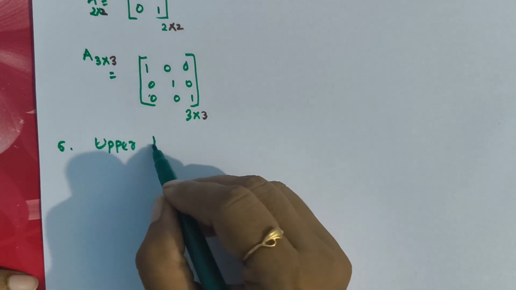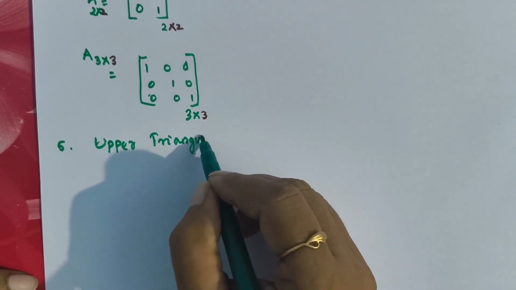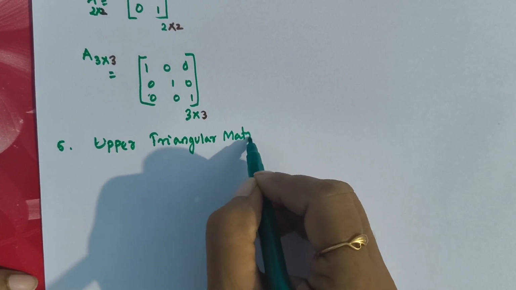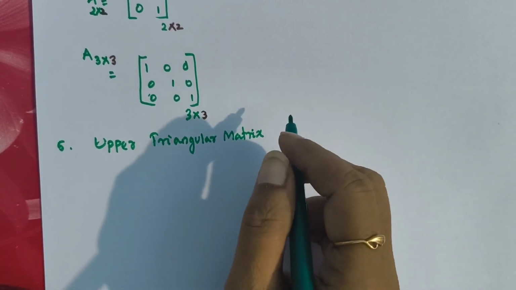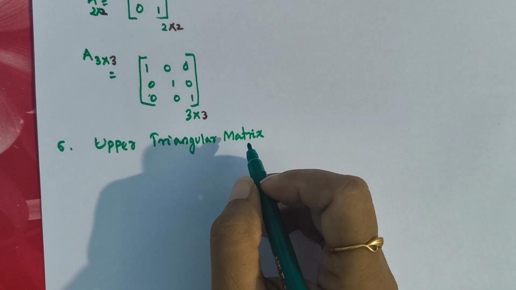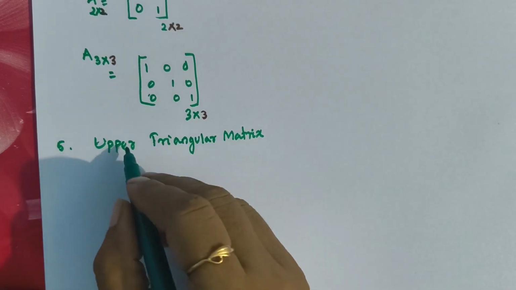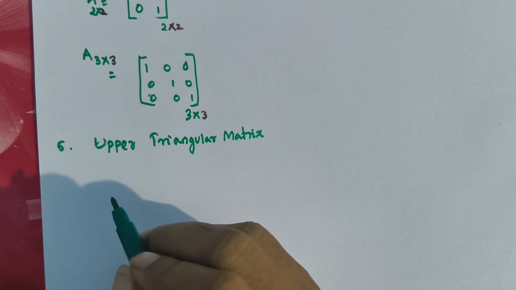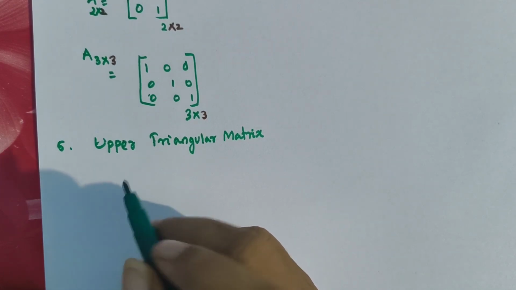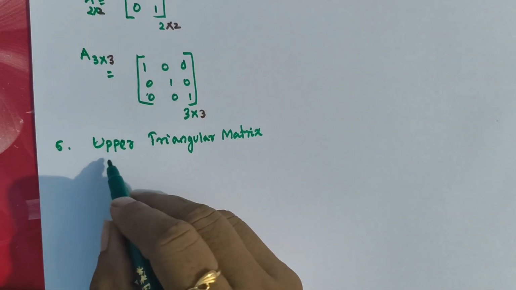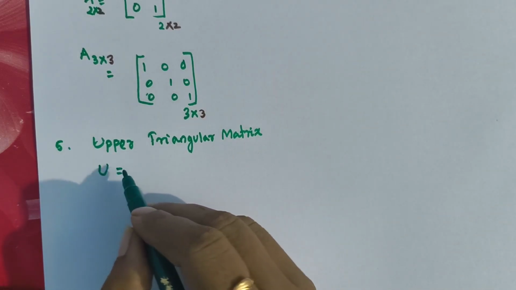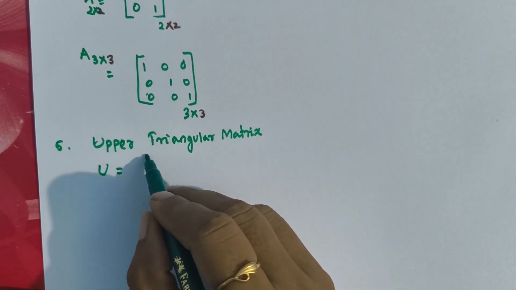The next one is our upper triangular matrix. In an upper triangular matrix, the elements above the main diagonal are non-zero. Let's suppose U is an upper triangular matrix of 3 by 3.